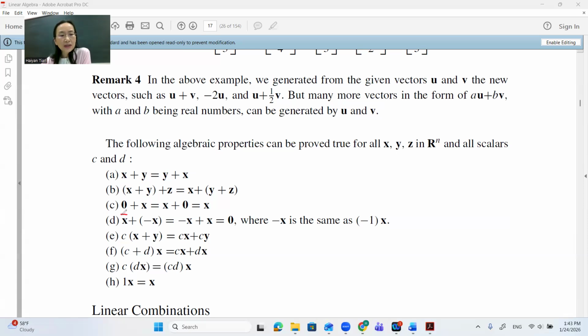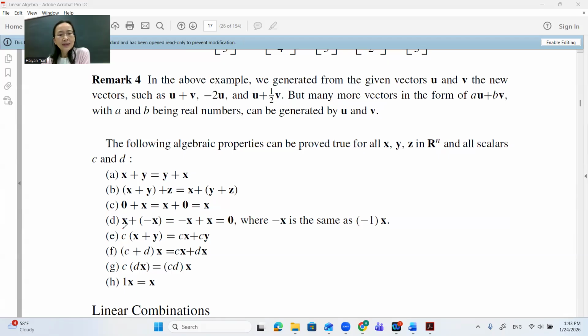And then there's a zero vector. That means a vector with only zero values for all entries. So that's a zero vector in this space, in that Rn. So each entry of the vector is 0. So if we add the zero vector and x, then you get x. It's the same as x plus 0. It's still x.